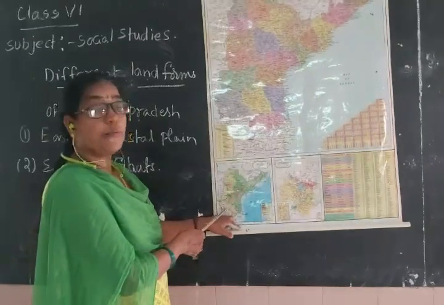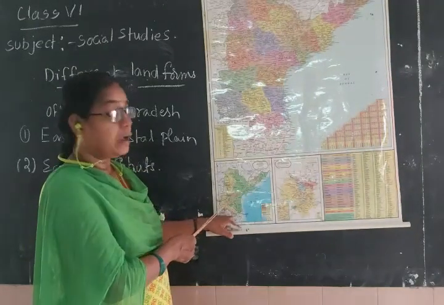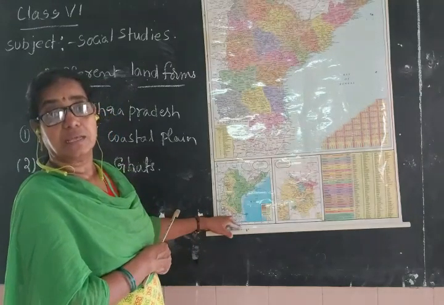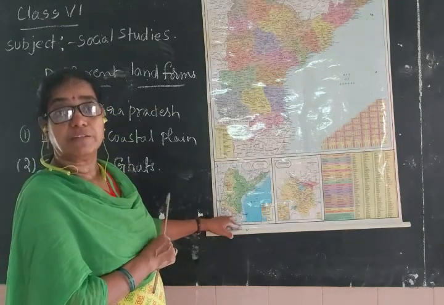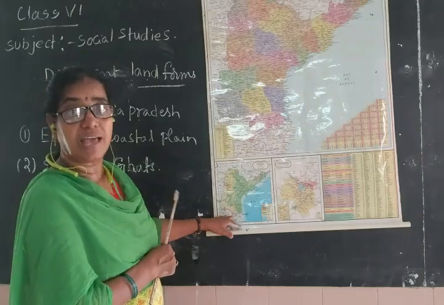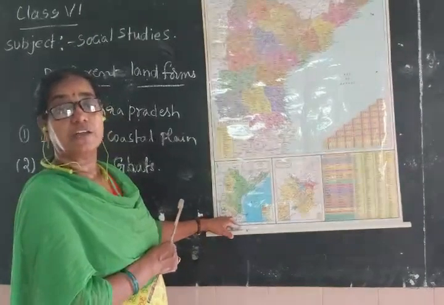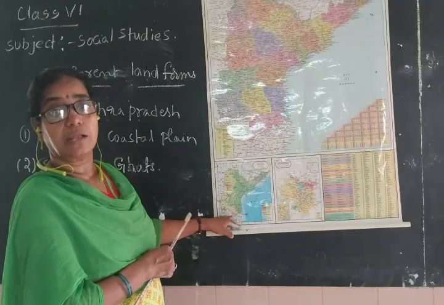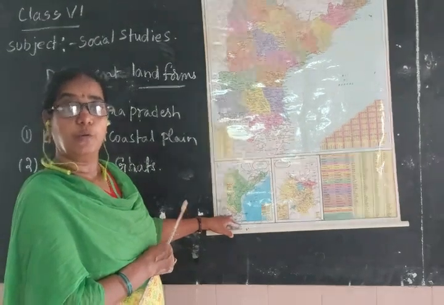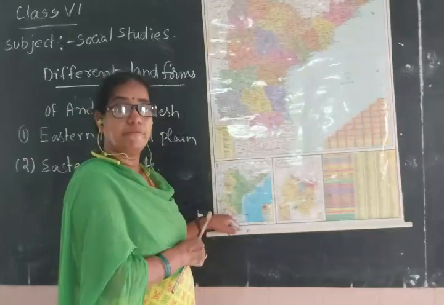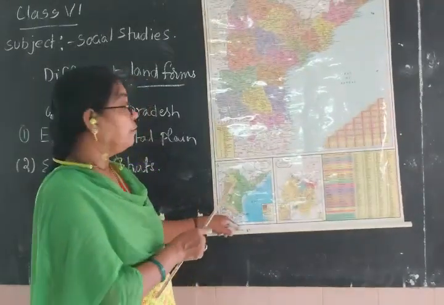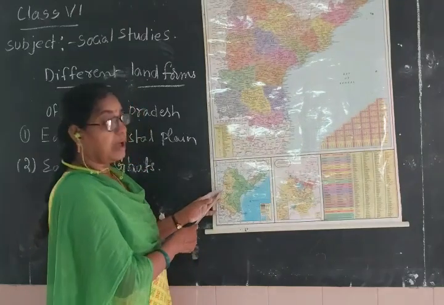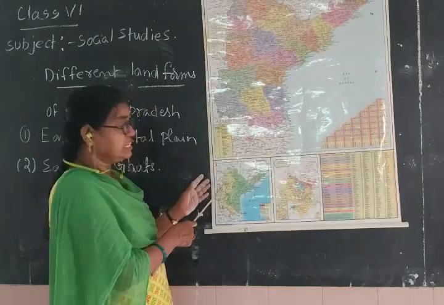These have broad coastal plains, and in between are the lowest places, called valleys or Ghats, which are very beautiful to look at. One example is Araku Valley in Visakhapatnam.